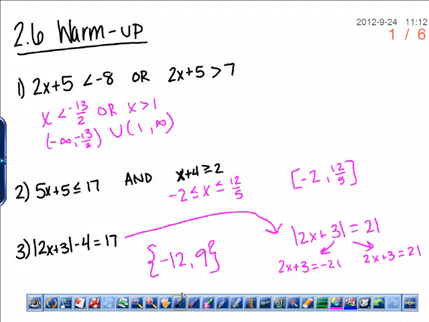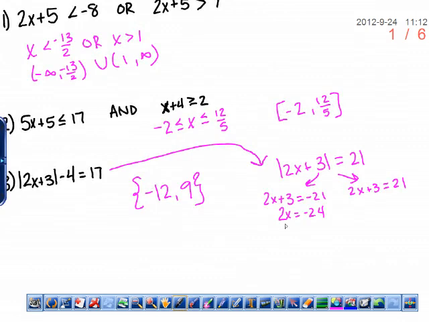Okay? You can't forget that that absolute value is there. So you have to split it. So you get 2x equals negative 24, and that's where my x equals negative 12 comes from. Over here I get 2x equals 18 and x equals 9. Does that help? Okay, cool.